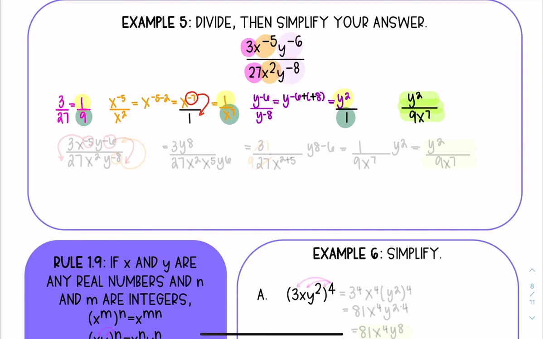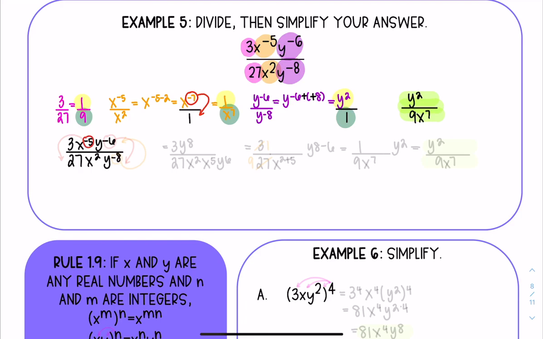We also could have used the negative exponent rule to begin with. So let's go ahead and flip the letters that need to be flipped first. So let me go ahead and rewrite this. Anything with a negative exponent needs to be flipped across the fraction bar.